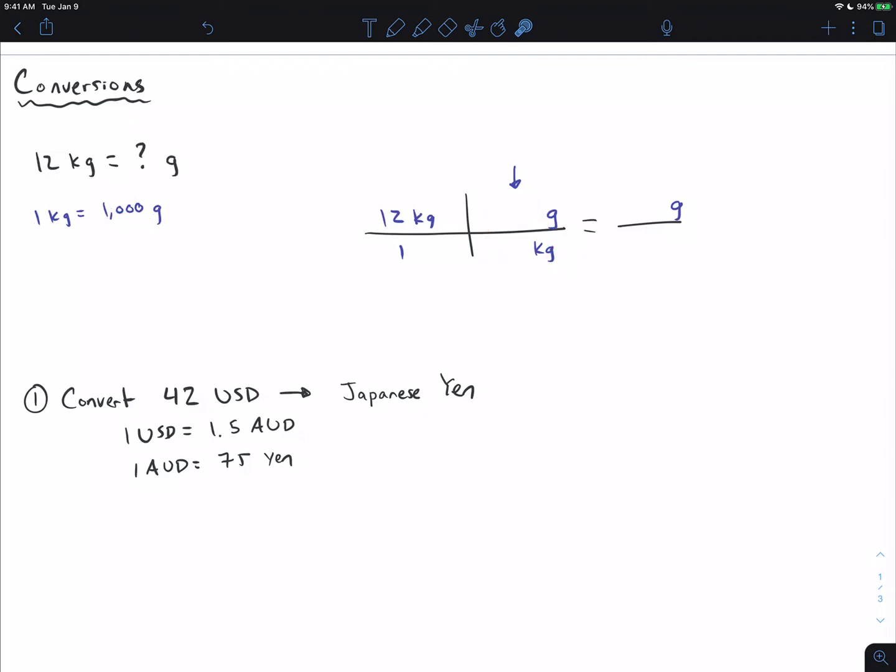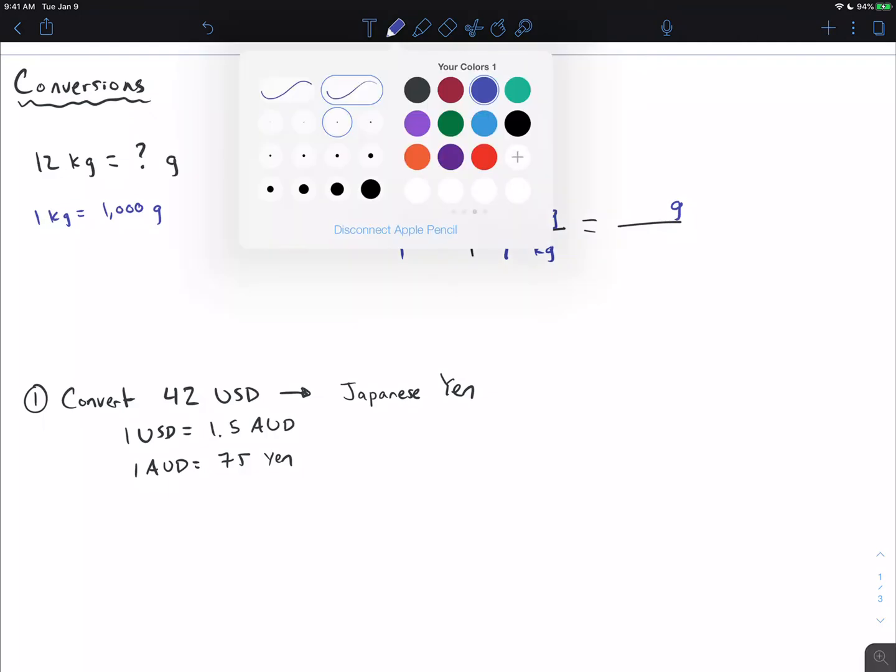I don't care which one's on the top or which one's on the bottom. I'm just going to keep the numbers with their units. So here I have 1,000 grams, same thing, because right here I have 1,000 grams, and I have 1 kilogram, okay? And what you're going to do at the very, very end here is you want to multiply.